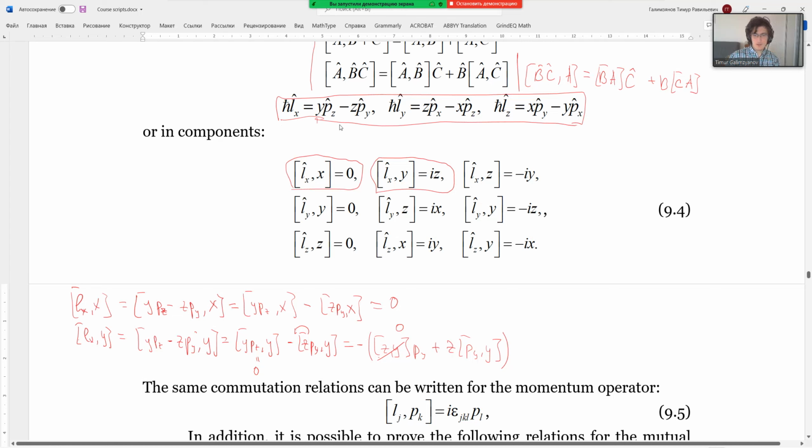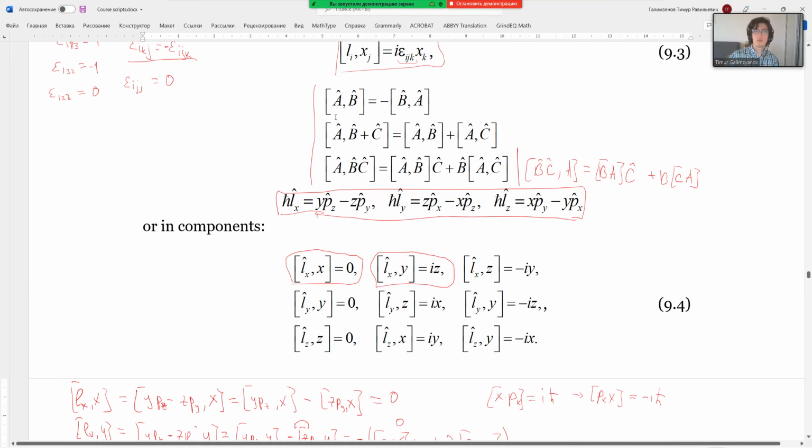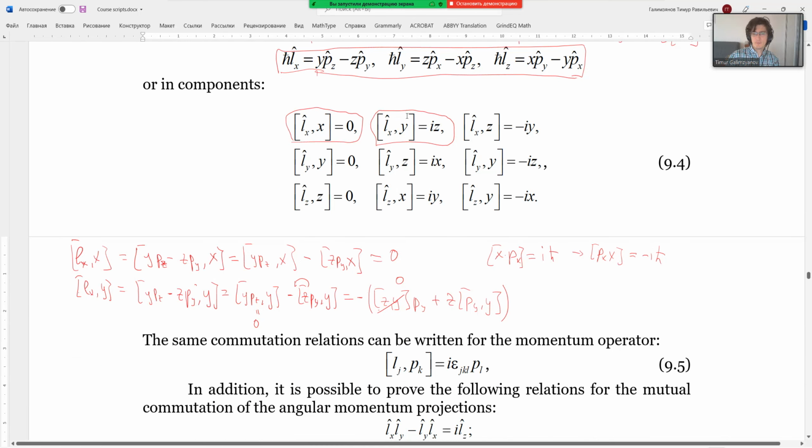And for this commutator, we know that the commutator [px, x] equals ih, and the same thing holds for y and py. That means that [x, px] equals minus ih, using this property of the commutator and the antisymmetry.